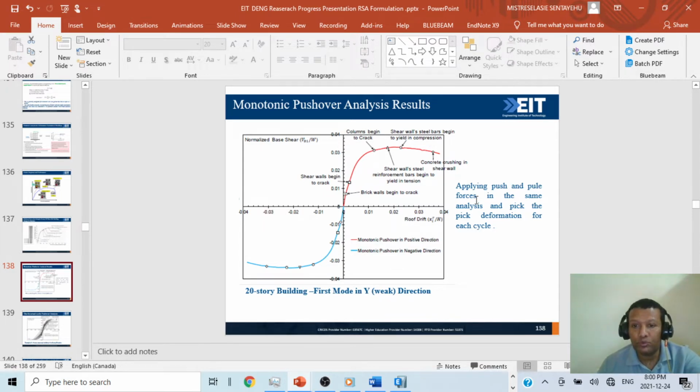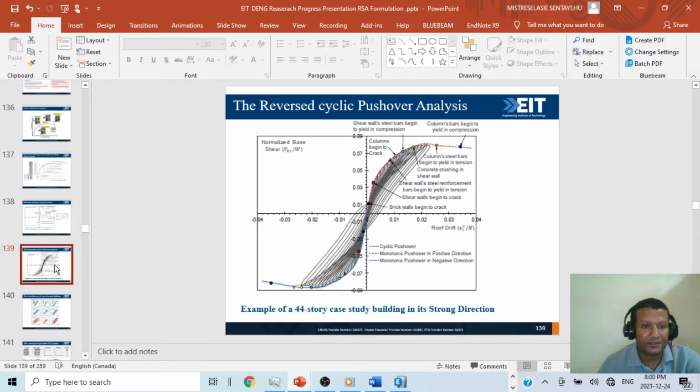Apply push and pull forces in the same analysis and pick the peak deformation for each cycle. For each cycle you will find the base shear and roof displacement, and you construct the pushover curve in this way, in the negative and the positive, because it will go in both directions. This is how the pushover curve is generated.